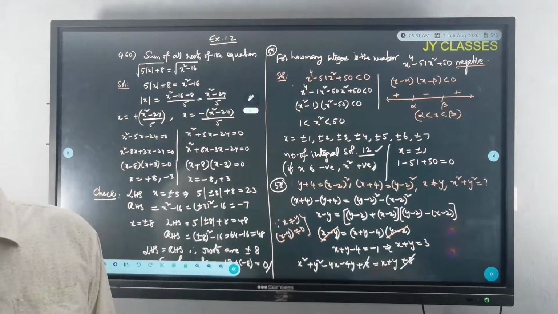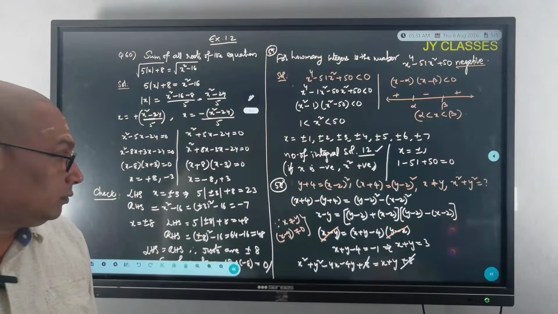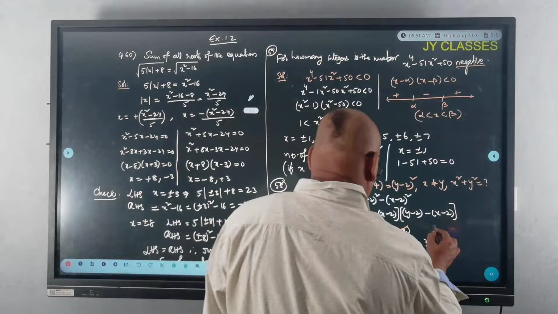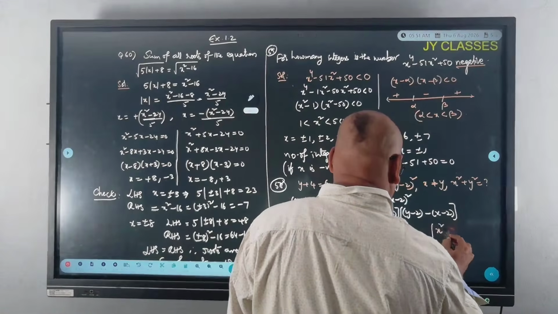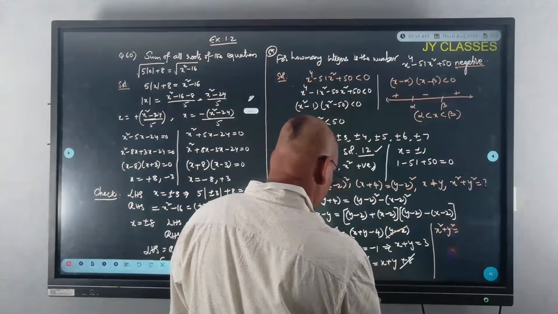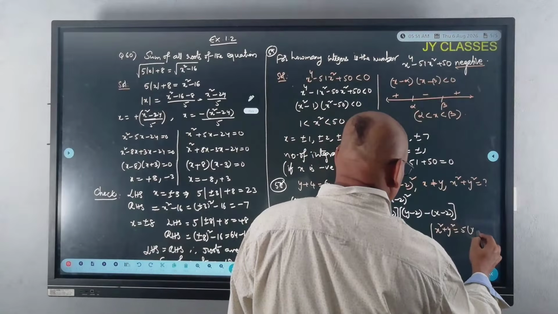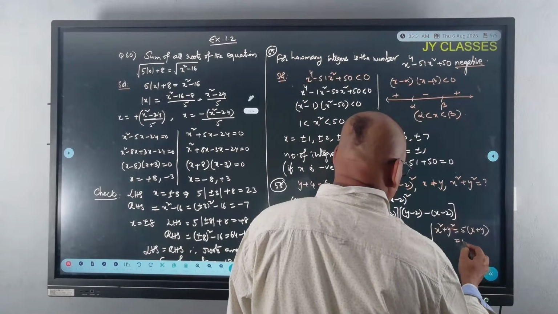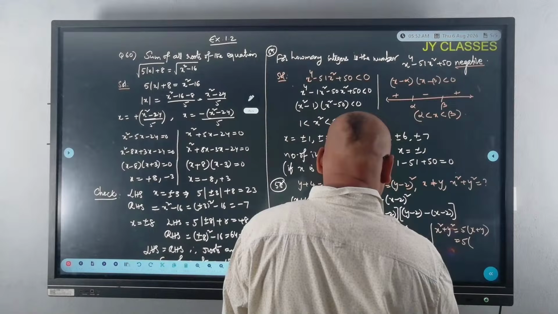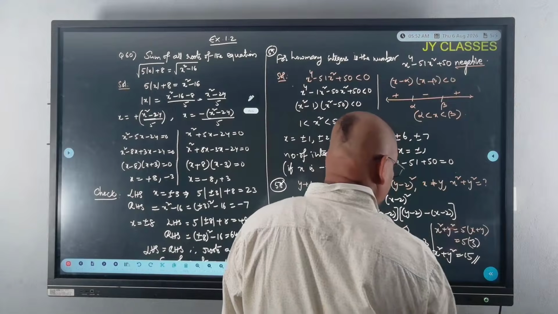Write down. x square plus y square equal to, these two transposed to RHS, 5x 5y, 5 into x plus y, 5 into here x plus y is 3. So x square plus y square is equal to 15. That's the required.